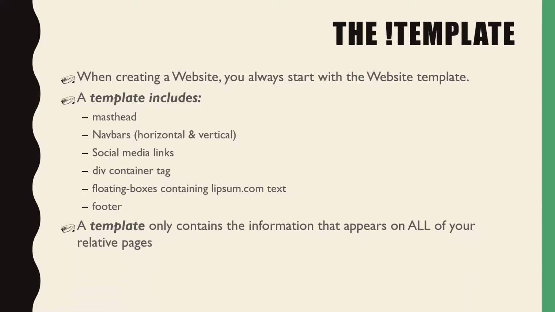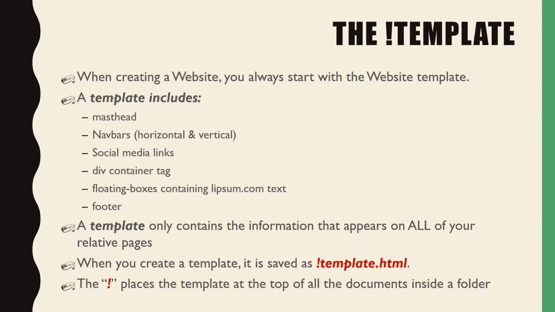A template only contains the information that appears on all of your relative pages. When you create a template, it is saved as !template.html. The exclamation point places the template at the top of all documents inside a folder.